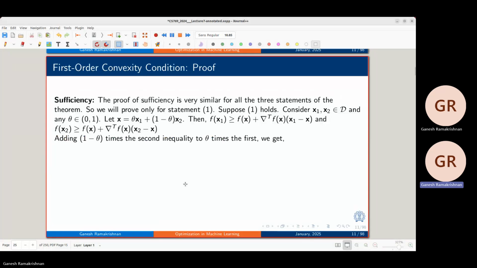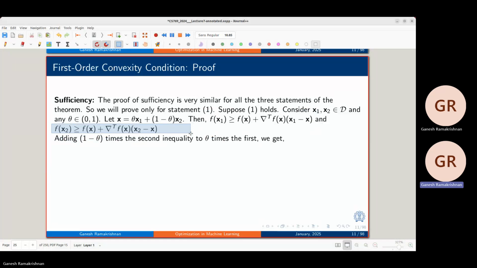Okay, so what are we doing? We have these two inequalities: f of x1 is greater than or equal to f of x plus gradient transpose of f at x times (x1 minus x), and f of x2 is greater than or equal to f of x plus gradient transpose times (x2 minus x). I will take 1 minus theta times the first and theta times the second inequality and add them.